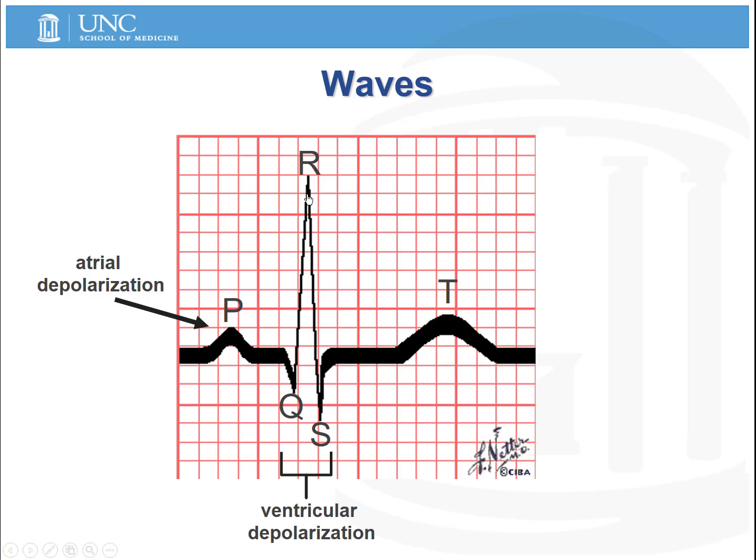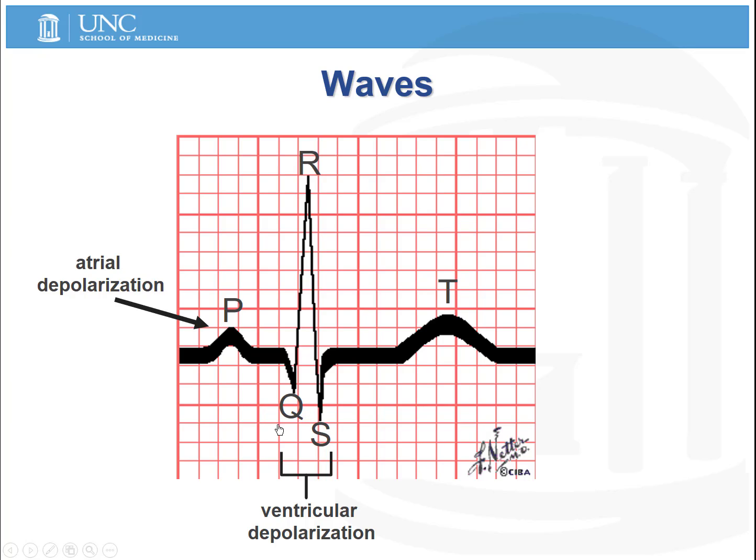This large QRS complex is made up of multiple parts, and it corresponds to ventricular depolarization. So the Q wave is this initial negative wave, the R wave is the first positive wave, and the S wave is the negative wave that follows that R wave.